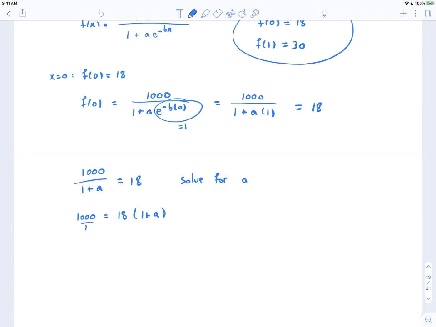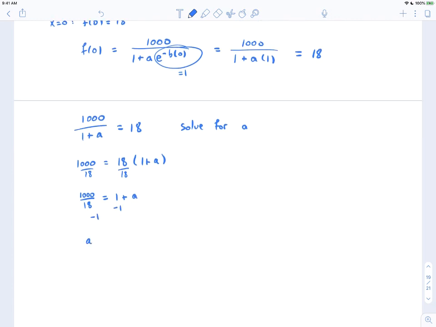And then we divide everything by 18. So 1,000 over 18 is equal to 1 plus a. Subtract 1 from both sides, and that tells you what a is. a is equal to 1,000 over 18 minus 1, which is approximately 54.56. So that's the value of a.